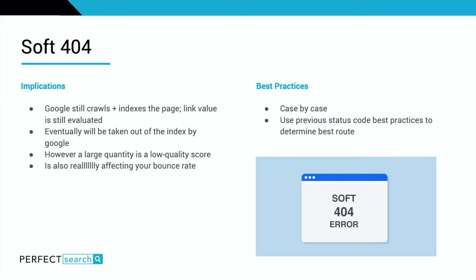So some best practices for this, it really is a case-by-case basis. Some examples of where this could happen: something that we see with a lot of our education clients is they'll have academic campus events on a calendar that they link to on their website, and as soon as the event is over, the value of that page is pretty much nothing.